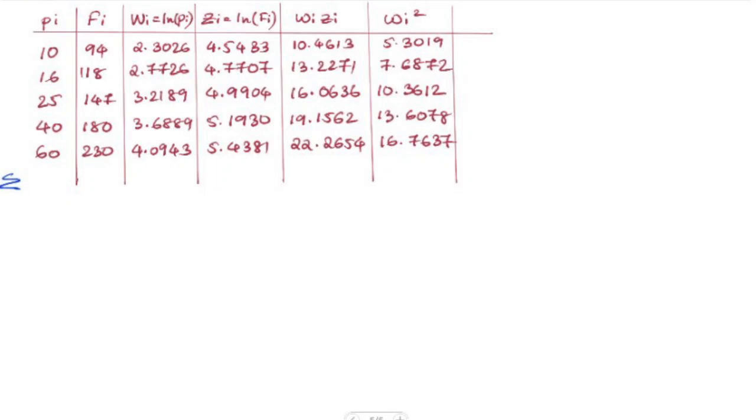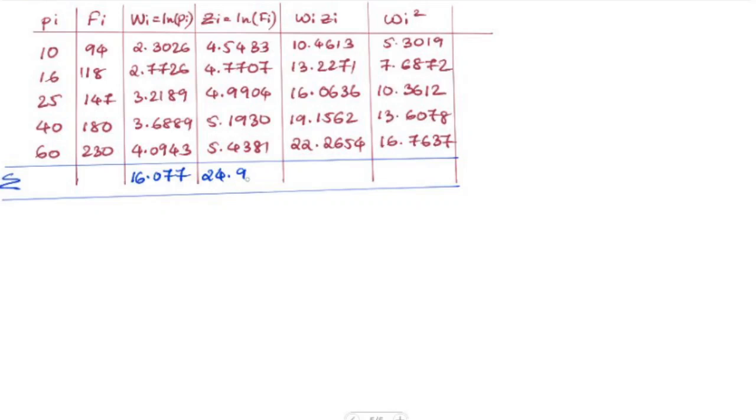So here we have for the summation of wi, we have 16.077, 24.935, 81.174 and 53.722.